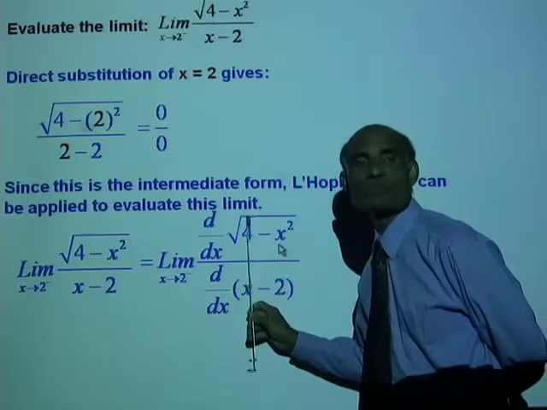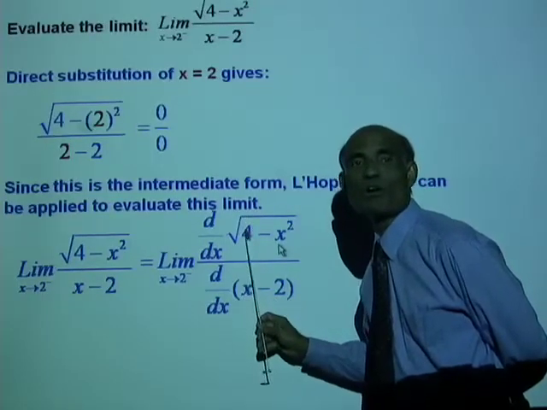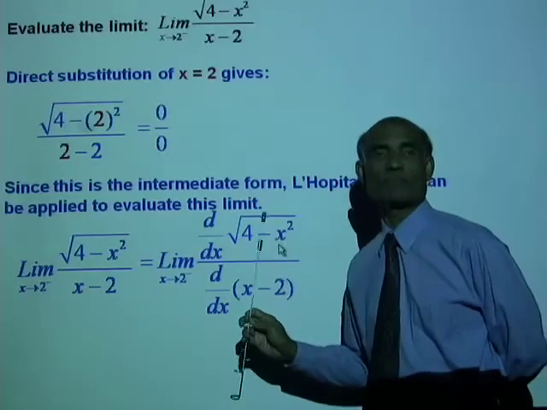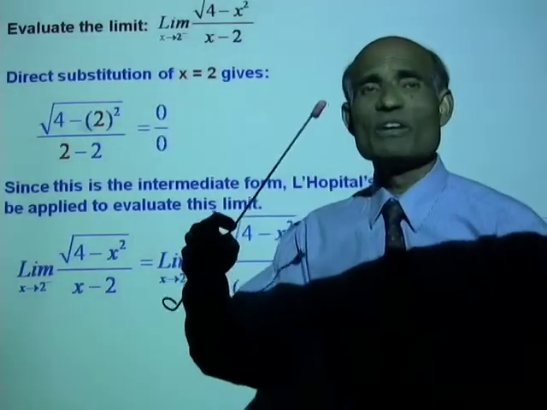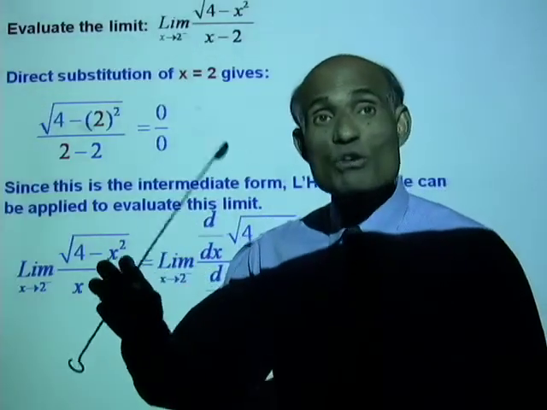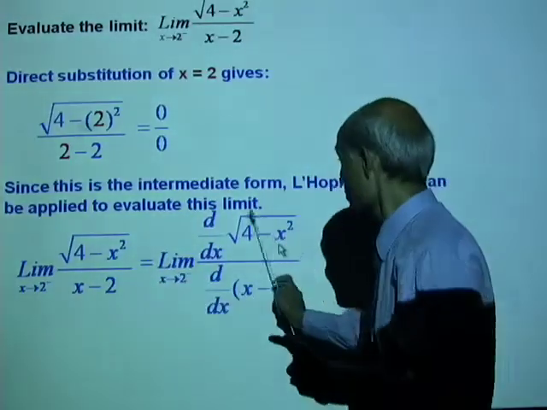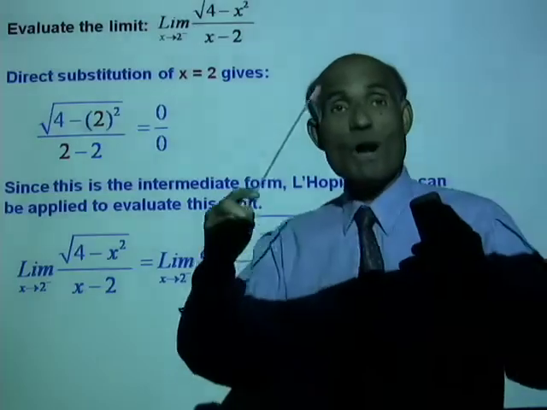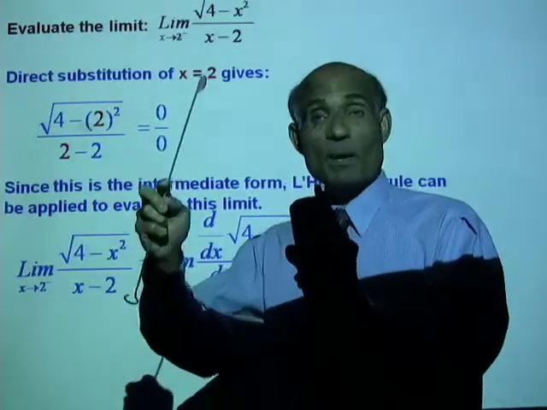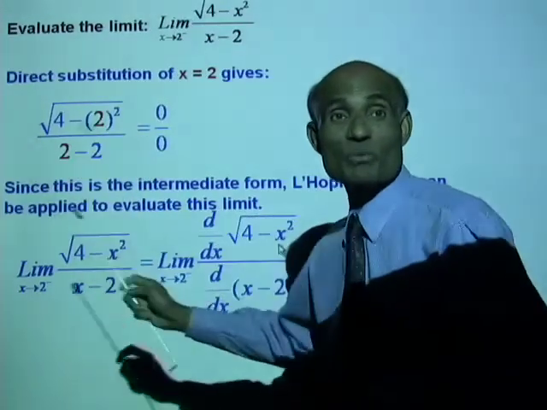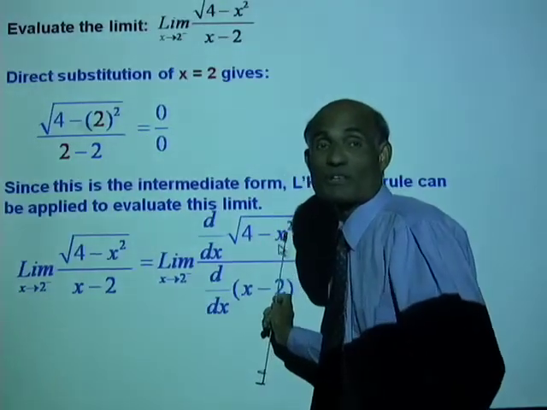Let me see how many of you remember the derivative of square root of 4 minus x squared. It is easy to remember like this. The derivative of a square root quantity is 1 over 2 square root of that quantity, multiplied by the derivative of that quantity.